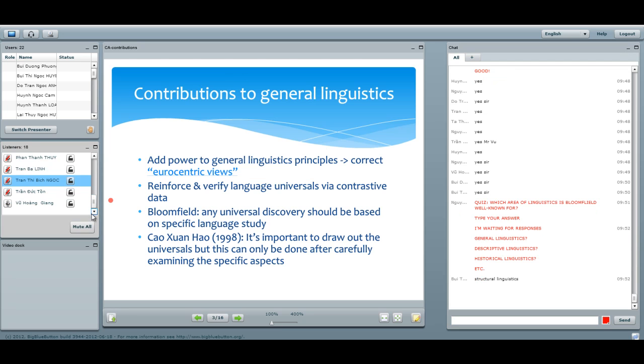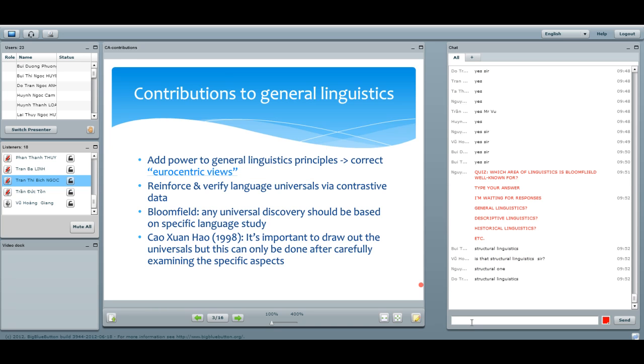Okay, somebody saying that he's famous for structural linguistics. Well, that's a good guess, but that's not correct.